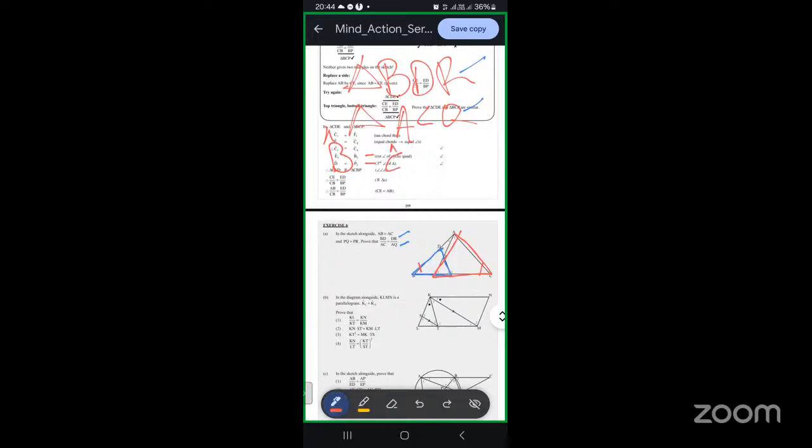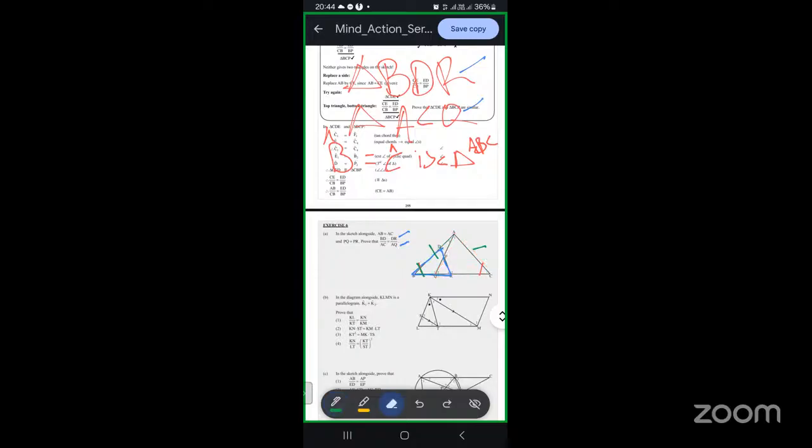Then your reasoning is from isosceles triangle ABC. Does this part make sense to you guys? Because we had this isosceles triangle here with this equal side, and then we said this angle is equal to that angle.